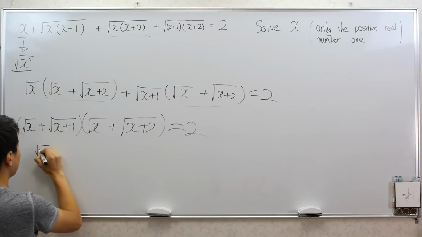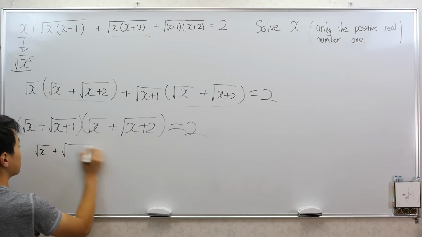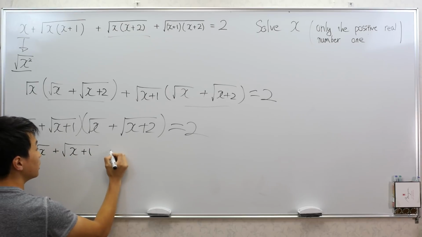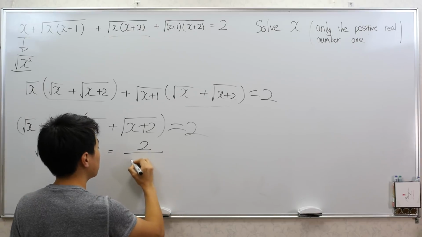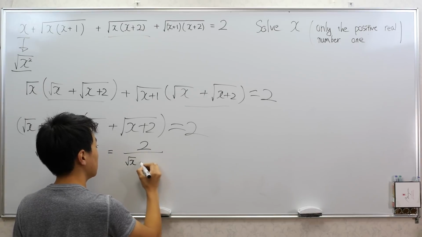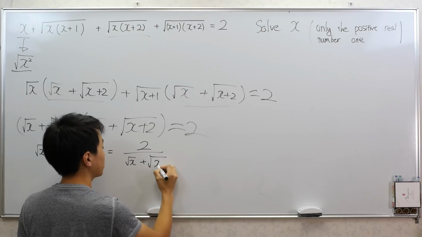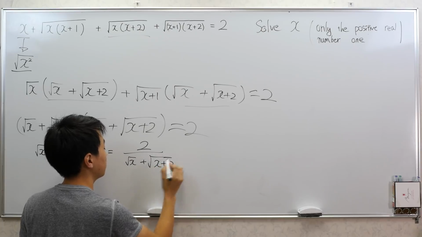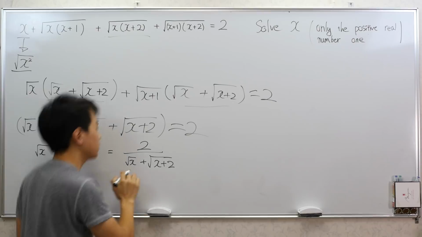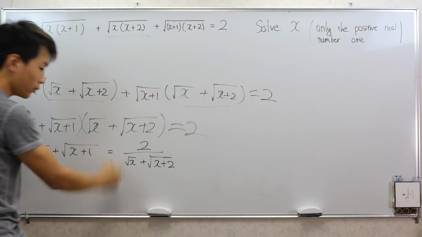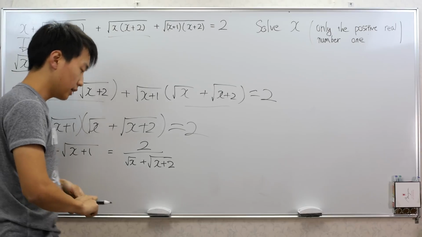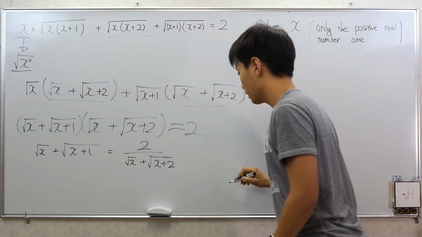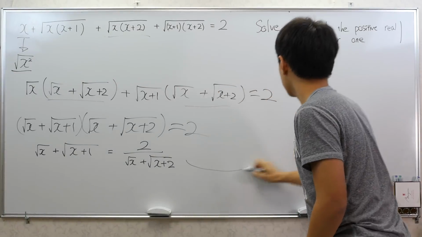So square root of x plus square root of x plus 1 equals 2 over square root of x plus square root of x plus 2, right? And when you look at this side, I can make it a bit easier.